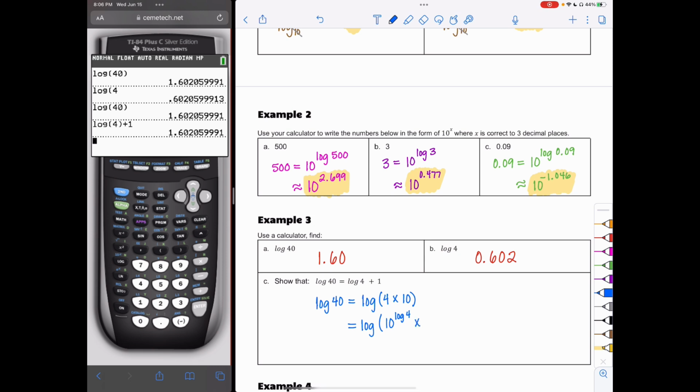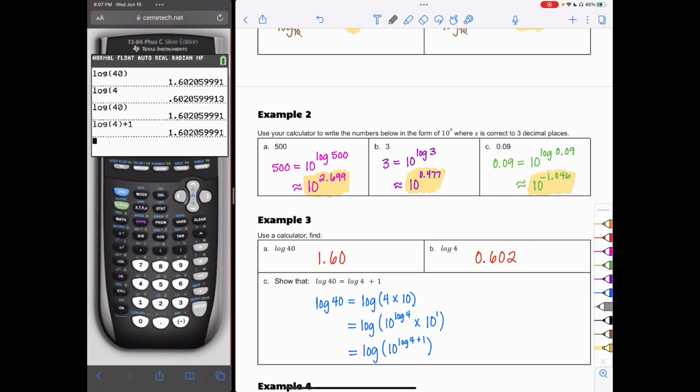And I can say that this is the same thing as 10 to the power of 1. Now, because of the laws of exponents, you should know that when you're multiplying like bases, you add the exponents. So here, this is just the same thing as saying the log of 10 to the power of the log of 4 plus 1.